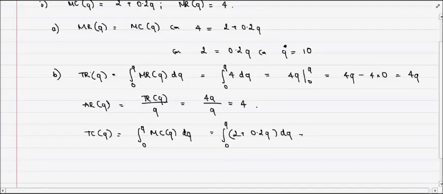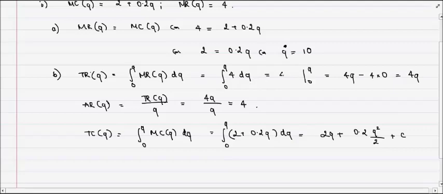If I integrate this, I'll get 2q plus 0.2q squared divided by 2, plus a constant c. Sorry, the constant applies here as well.